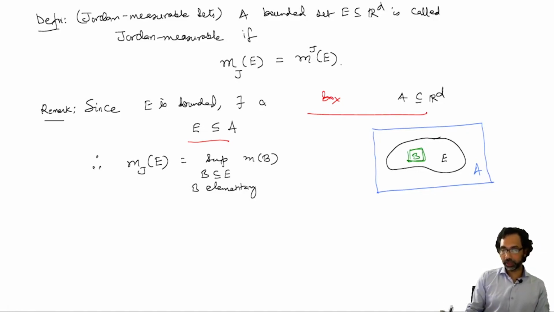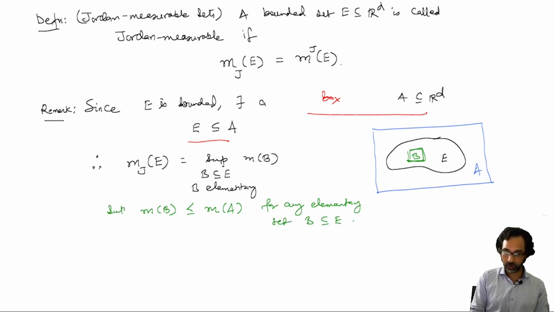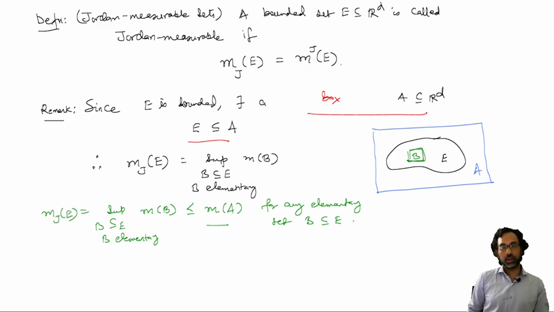Therefore, by monotonicity property, we have M of B is less than or equal to M of A for any elementary set B sitting inside E. So therefore, if you take the supremum over all such B elementary, then this is still less than or equal to M of A, and this is nothing but the inner Jordan measure of E. Therefore, this implies that the inner Jordan measure is always finite.